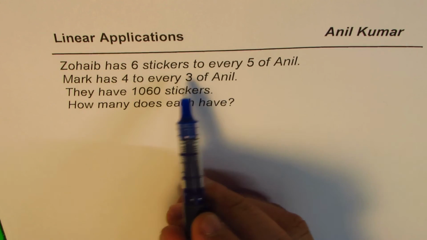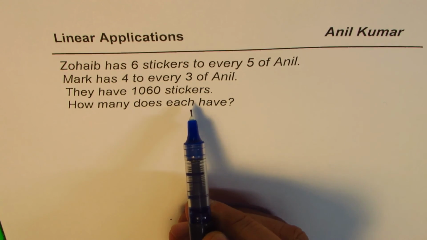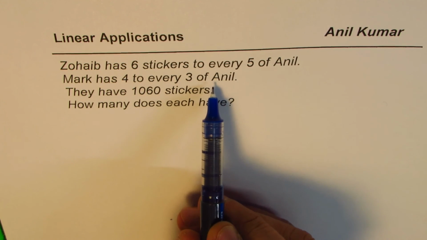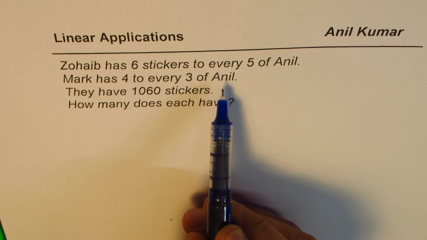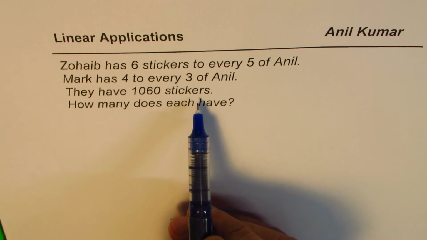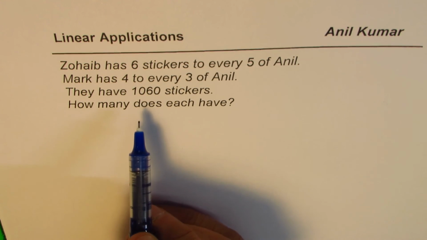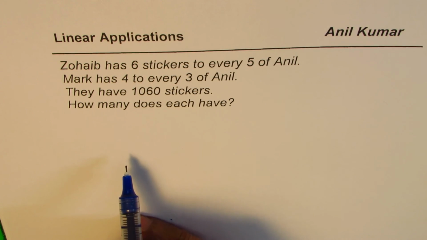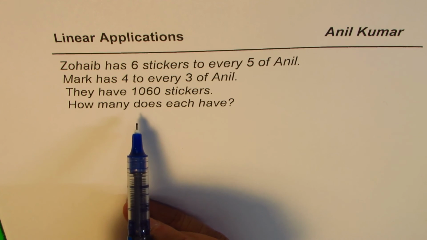I have purposely written these statements. Some of these statements can be translated into expressions and some can help you make an equation, and that equation we are going to solve. Before doing that, let's decide what the variable is.